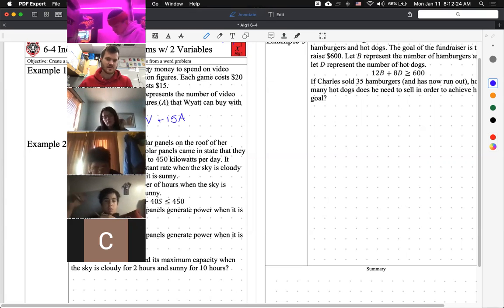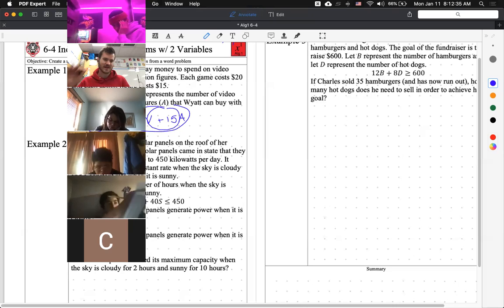Yeah, so all the stuff that he's going to buy, he can't exceed $134 because he doesn't have that much money. So all the stuff on the right-hand side is on the back side of the alligator, I guess, if the alligator is chomping to the left. So in terms of the inequality, that does make sense. He can spend all of his $134, so it can be an equal to sign.